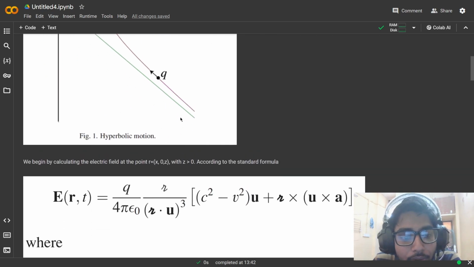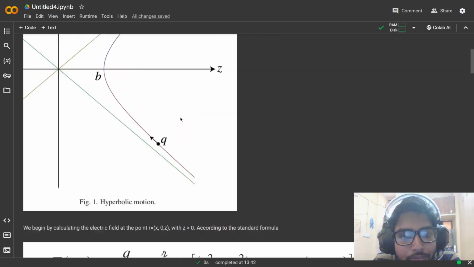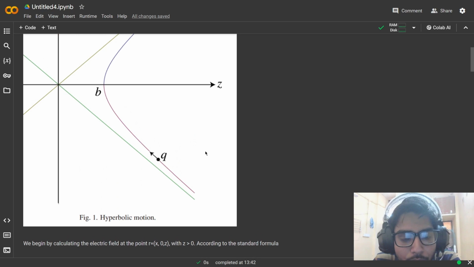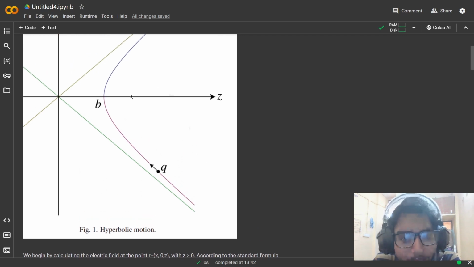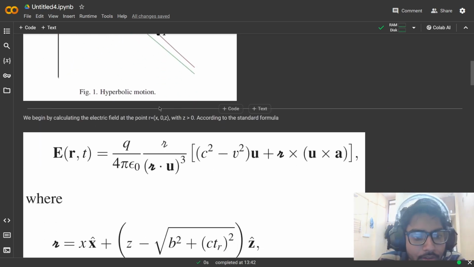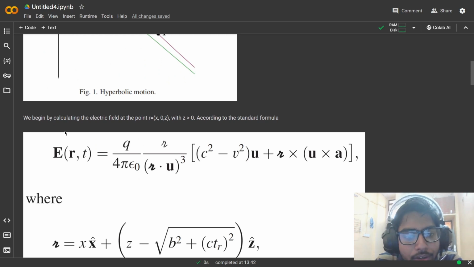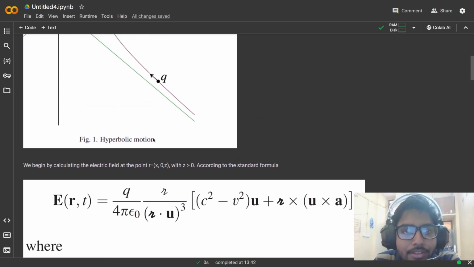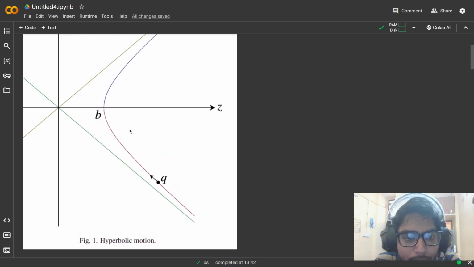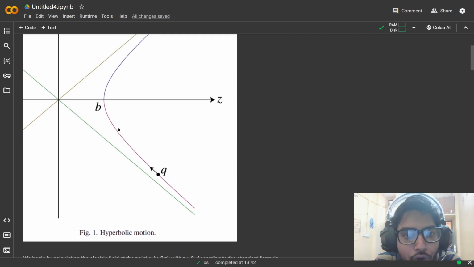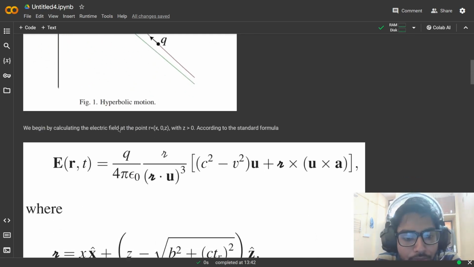Here we want to calculate the electric field of this charged particle Q at the point (x, 0, z) when the charged particle is at point B, whose coordinate is (0, B), meaning z equals b.